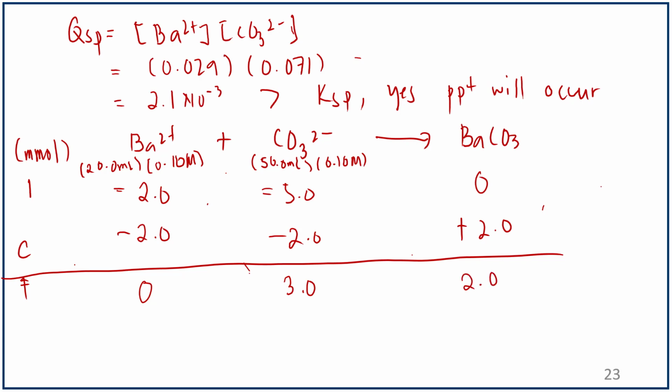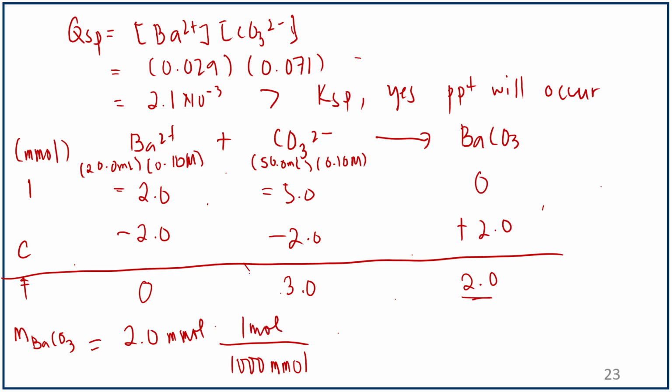So to determine how much mass of barium carbonate will form, we just use this number of millimoles and convert that into moles. So that will be 2.0 millimoles. Since that's the prefix milli, you know that for every 1000 millimoles you have a mole.